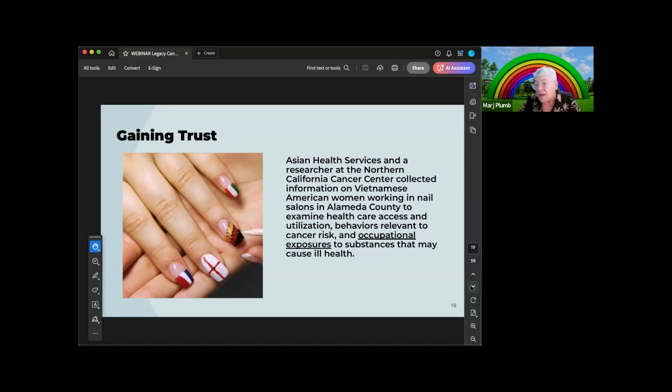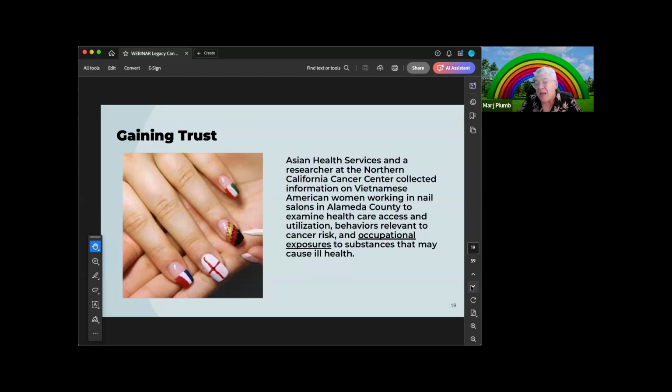The other complicated nature to this was the nail salon owners, who were also predominantly from the Vietnamese community. They certainly didn't want researchers coming in and saying, you're killing your workers.